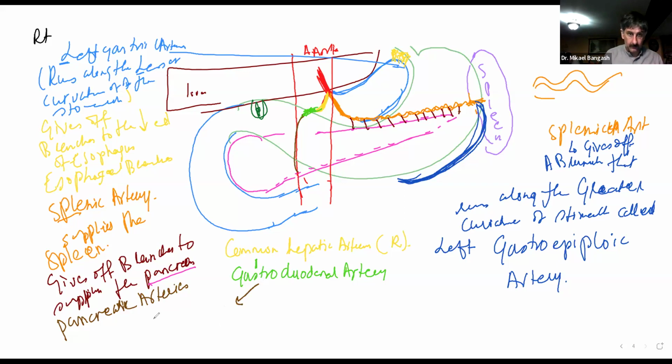One is what we'll call the right gastroepiploic artery.